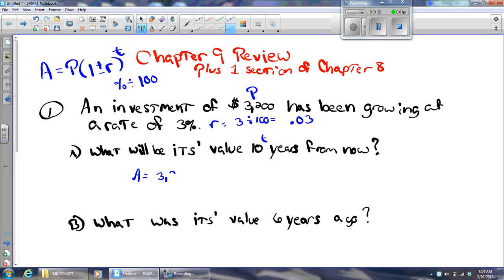So we just do a simple plug and chug, really. I'm not sure why this problem would give anybody difficulty. Anybody as smart as those of you listening, that is. The rate is growing, so I'm not going to use the minus. Then at this point, I can just go to a calculator and get my answer. 3,200 times the quantity of 1.03, to the 10th power.